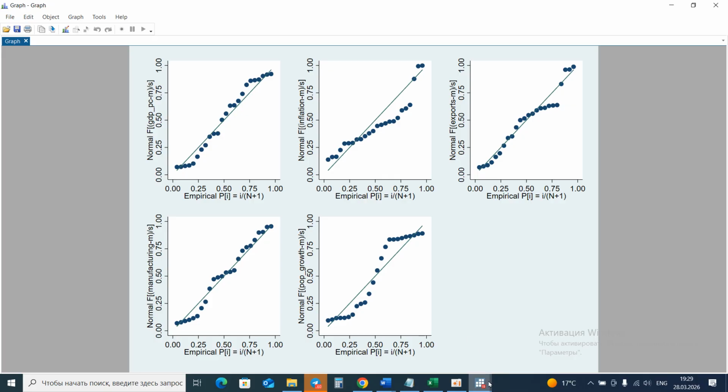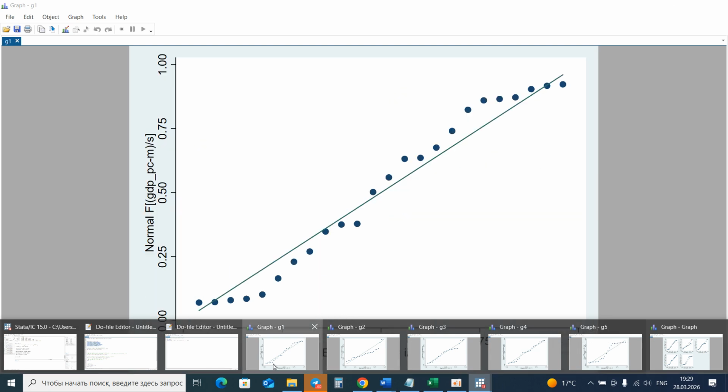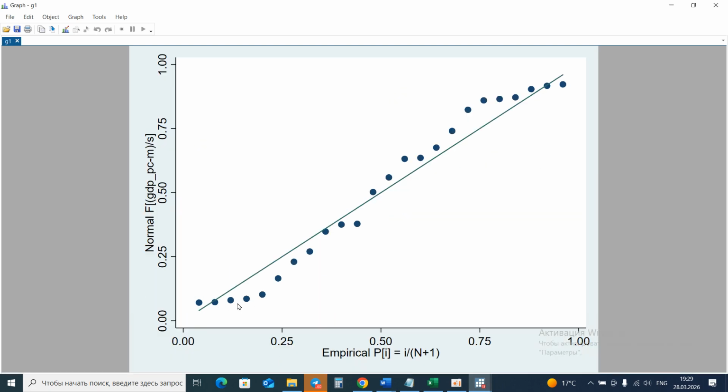So here, these are observed values, while this line is expected normal values. If these dots are close to the straight line, it means data is normally distributed. If points curve away, then not.